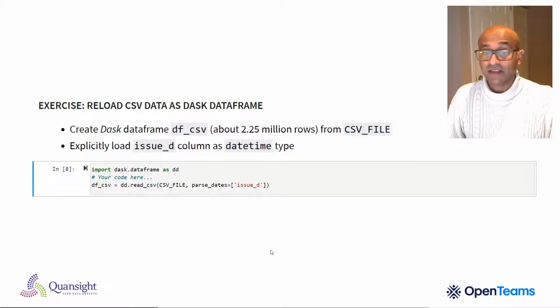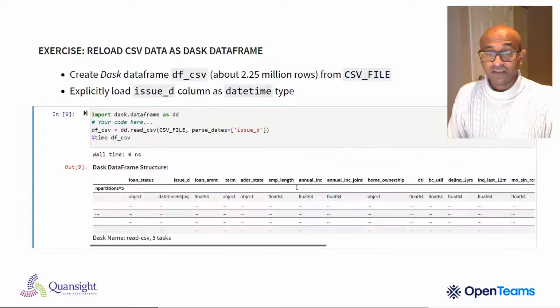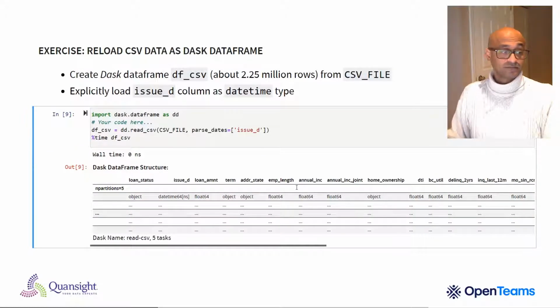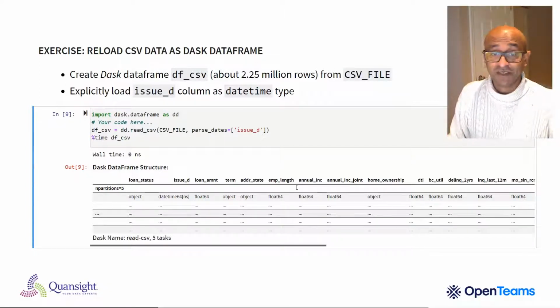So when I execute this and I look at df_csv and I try and time this, it returns immediately, and I can see the wrapper for this particular data frame. Notice that took 0 nanoseconds on this Windows operating system.